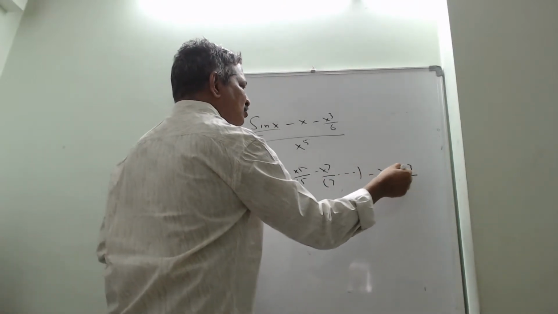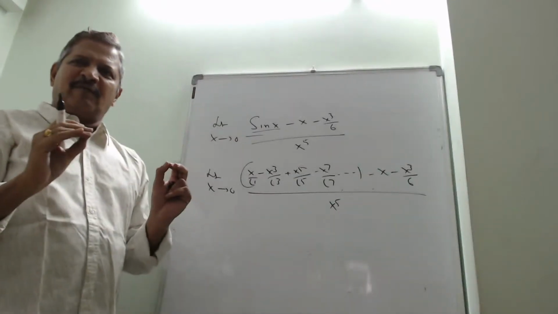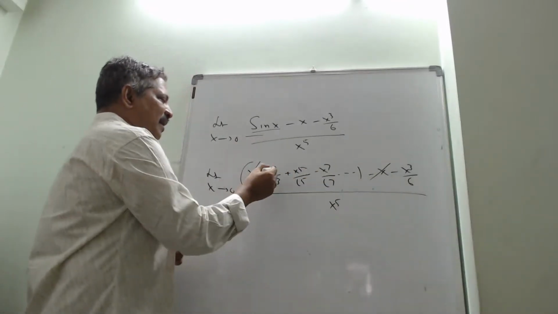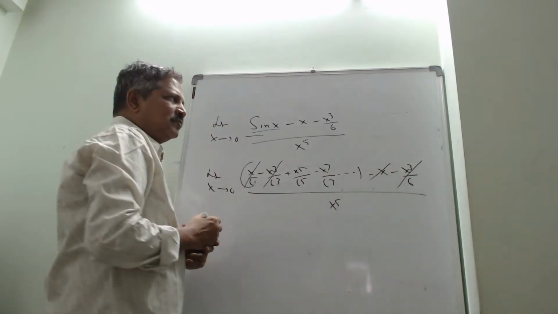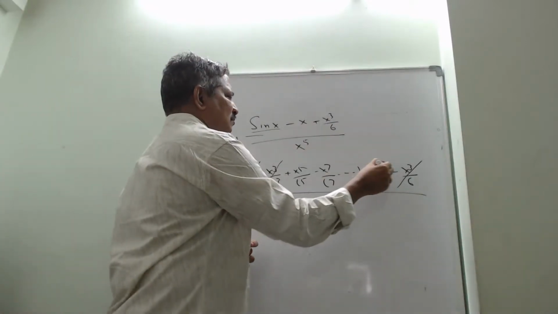Minus x cube by 6, by x power 5. First, the series formula method we are doing. This x by 1 will go. x cube by 3 factorial is x cube by 6, this will go. That is in the given case.